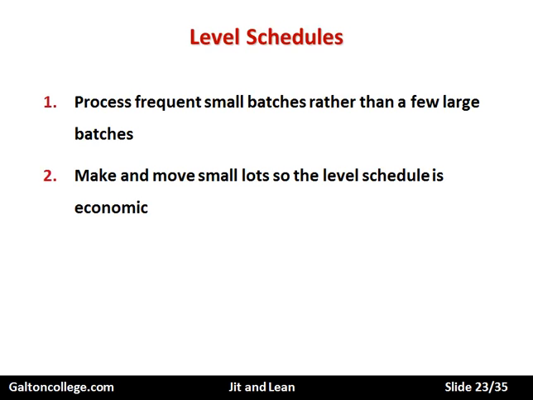Make and move small lots so that level schedules are economic. So just use small lots, and the small lots are to particular tolerances and particular dimensions, so it's easier to have level schedules. In other words, there's no variation. The products are, in a sense, homogeneous within that run. They're all the same within that run, and the schedules can be worked out very precisely.